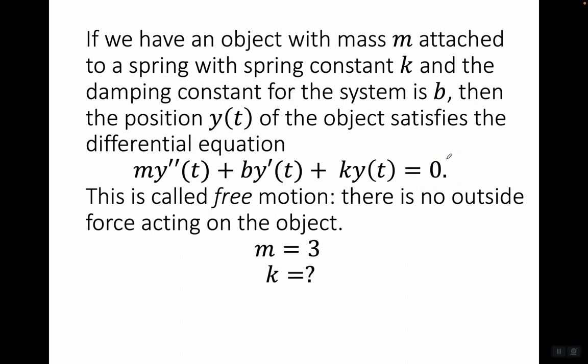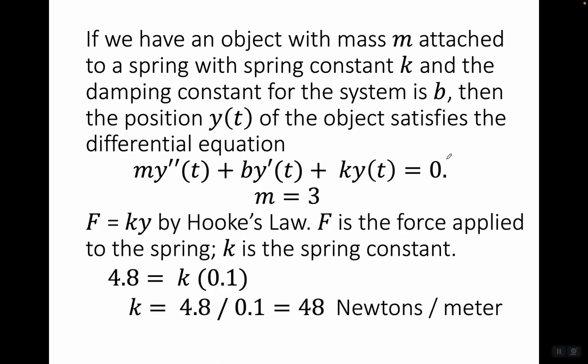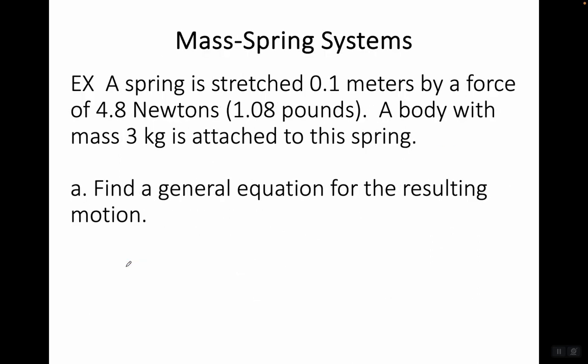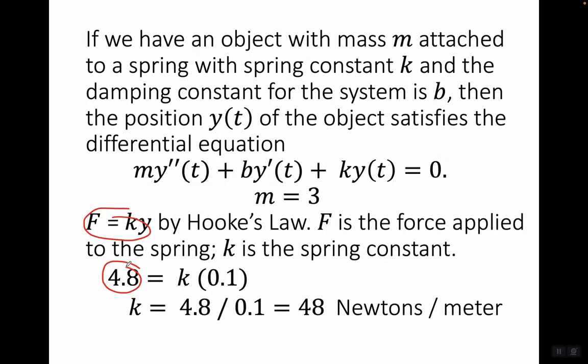We're told that m is 3 kilograms. k, the spring constant, let's calculate that. So here's Hooke's law, F equals ky. F is the force applied to the spring, k is the spring constant. In this case, the force applied to the spring was 4.8 newtons, remember? And y is the distance that it moves.